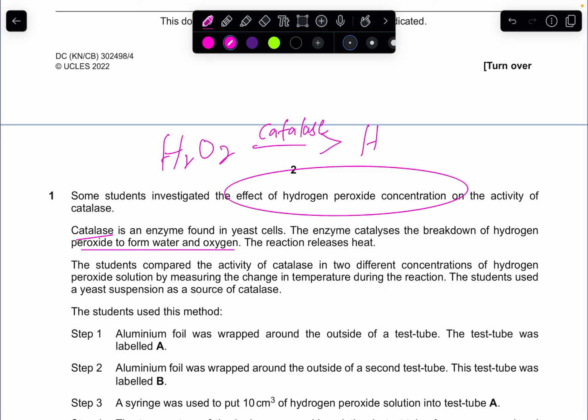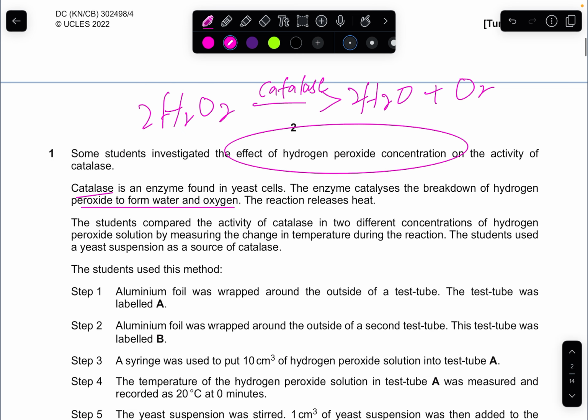It can break down the hydrogen peroxide into water and oxygen. So this is the reaction.